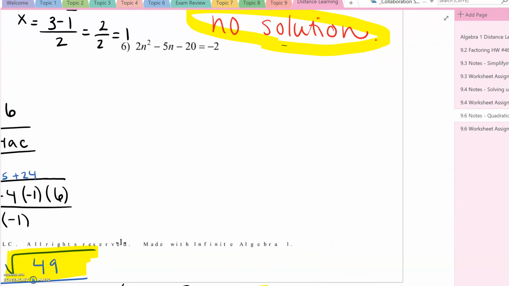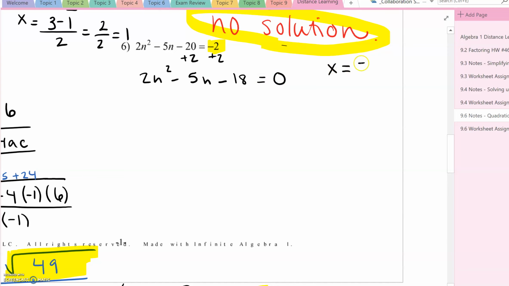Alrighty, problem number 6. I hope you know what the first step is. Let's add 2 to both sides to get it equal to 0. So we have 2n squared minus 5n minus, negative 20 plus 2, that makes a negative 18, equals 0.